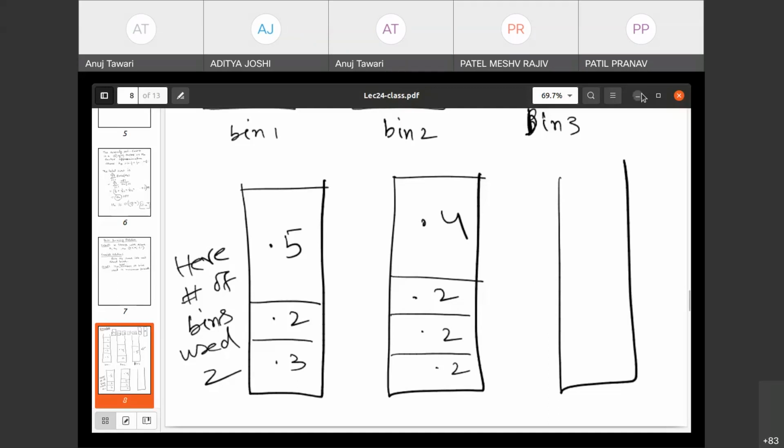Okay, let me start from the starting. Let's say I put 4 twos in my bin 1. 2 can be replaced by 3. Okay, so there are now 3 twos and 1 3. Now the empty space in bin 1 is 1. Okay, then we remove another 2. So how many twos are there? 2 twos and 1 3.